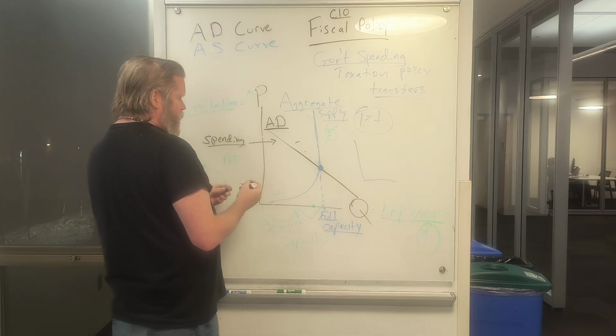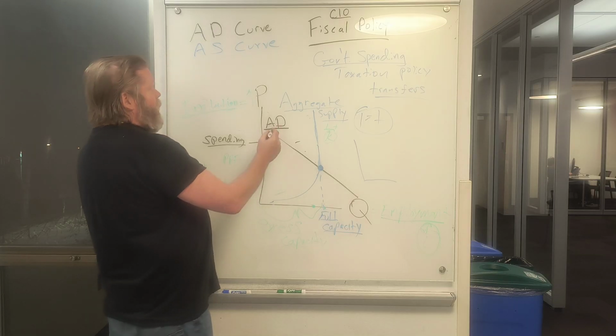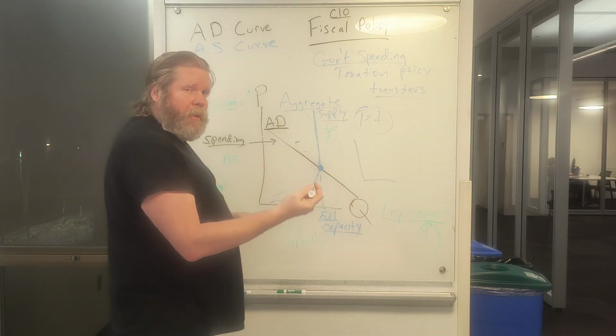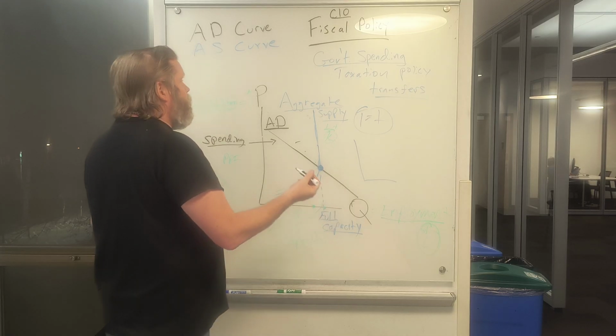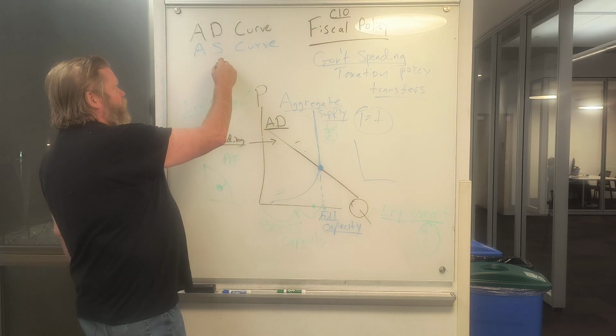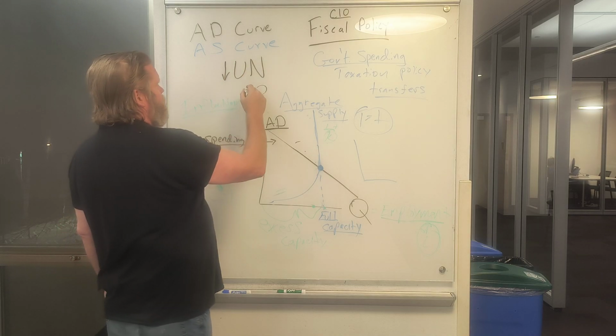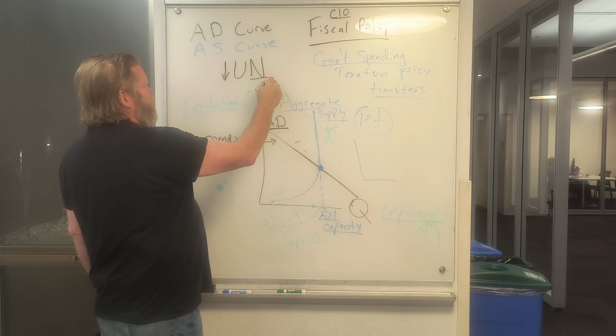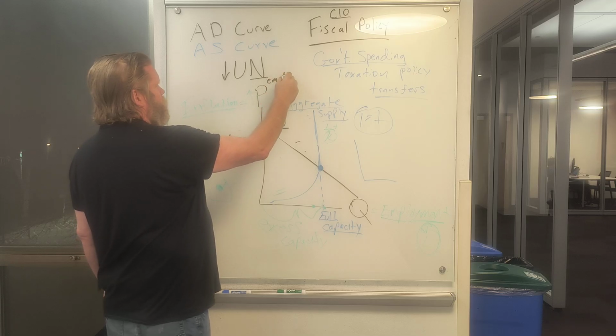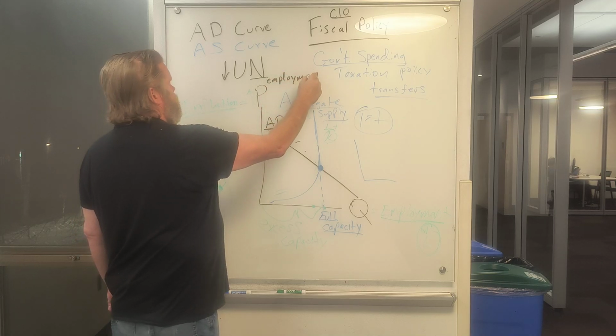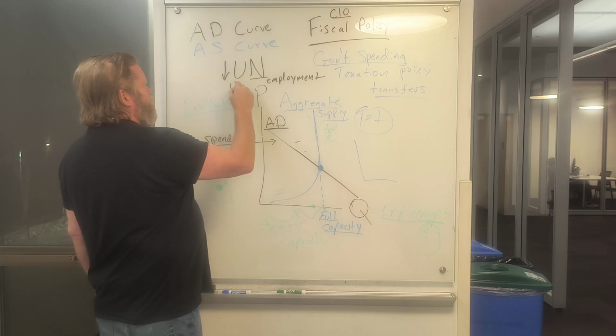But let's now talk about the main thing that macroeconomics is about. You'll remember from the pre-quiz, why was macroeconomics invented? It was invented to reduce, now this is going to be unemployment. N means employment, so unemployment.